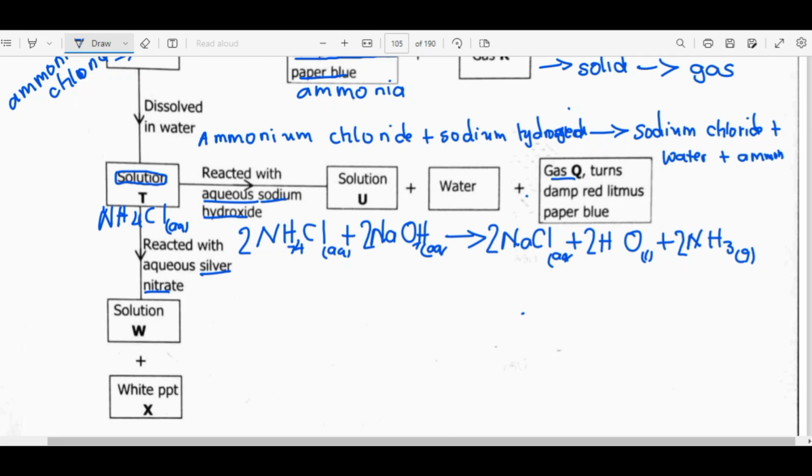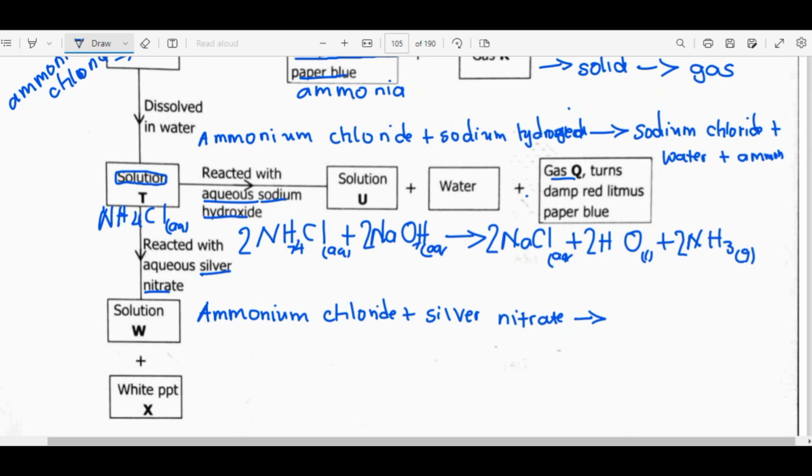So we are going to write our word equation: ammonium chloride plus silver nitrate, right? Here we are going to have precipitation. We need to look at this one carefully, because we are going to have two products. One will be soluble, then the other one will be insoluble. The insoluble is where we're going to have the white PPT.